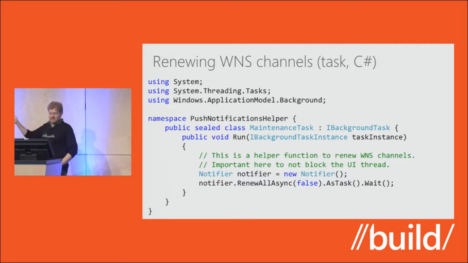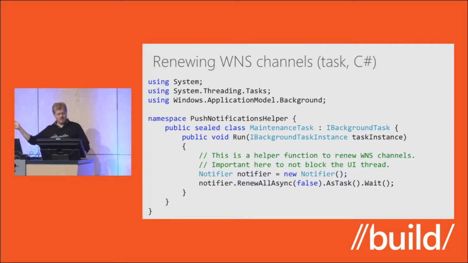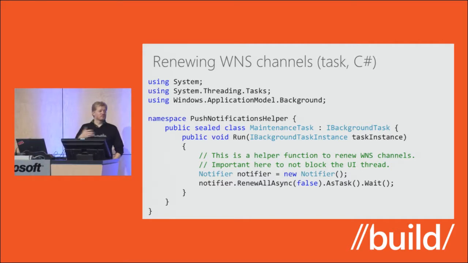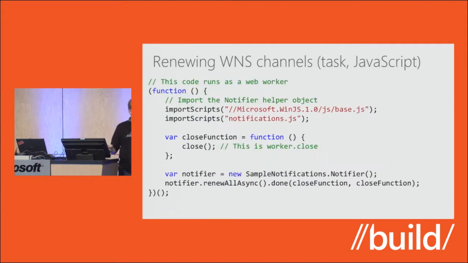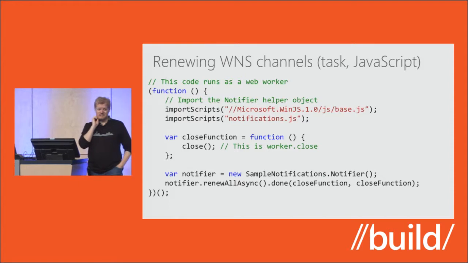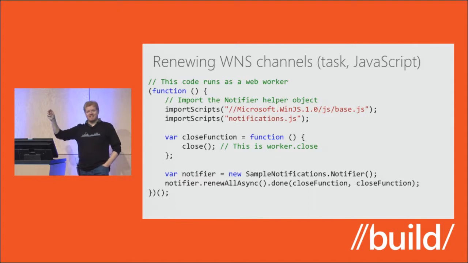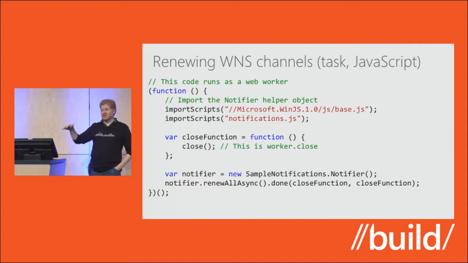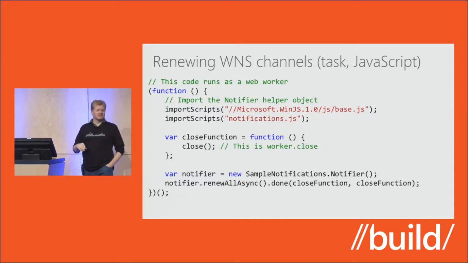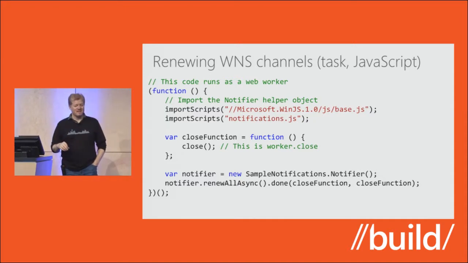So here it creates this notifier object from this little piece of sample code and goes through and renews all the channel URIs, and that's how it works. And that's really the same process as before: requesting a URI, sending it to the service, and the service will then need to make sure that it's replacing an older URI that may have expired. That's one of the jobs it needs to do as well. Again, Azure Mobile Services can help there.